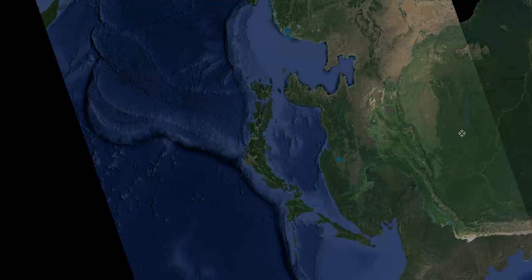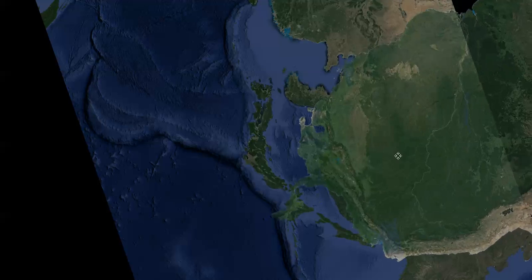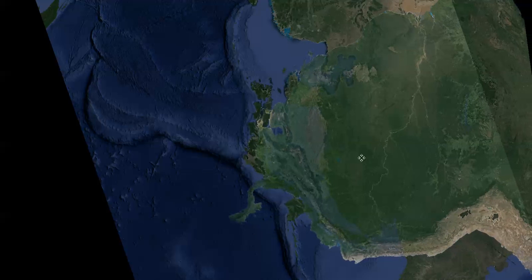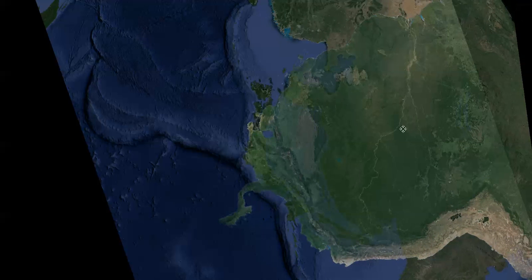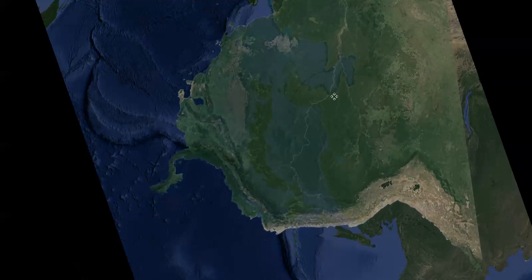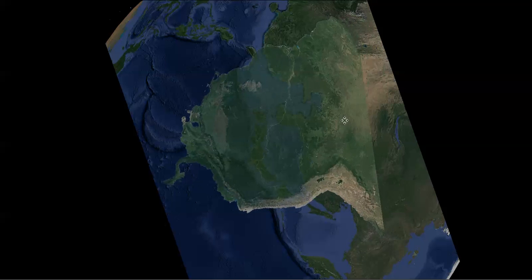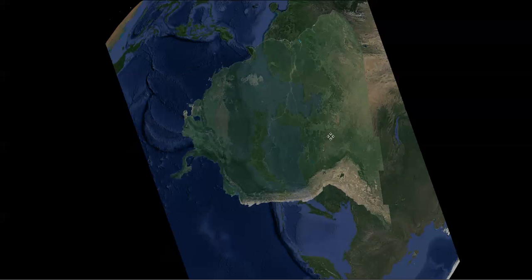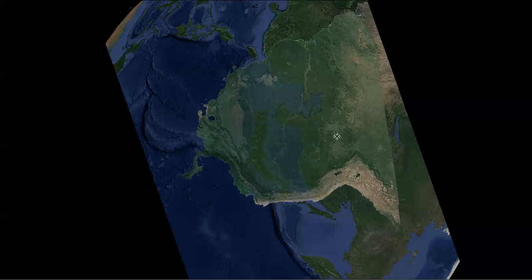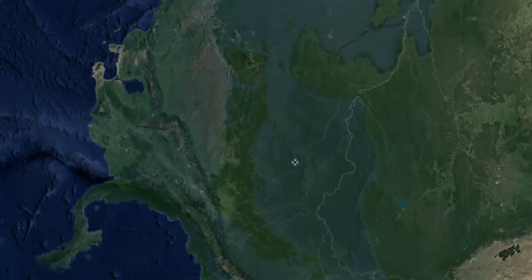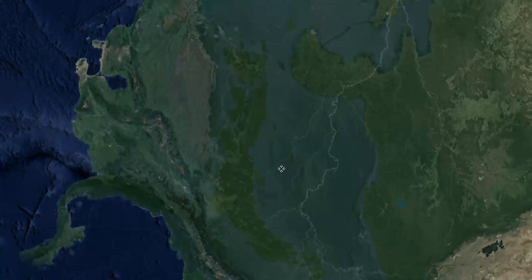You can see that that looks like that. You see how it fits in here. See how it fits around there. You can almost see it like as if they pulled apart from each other.